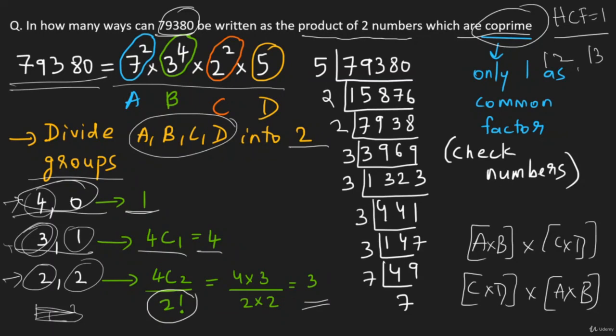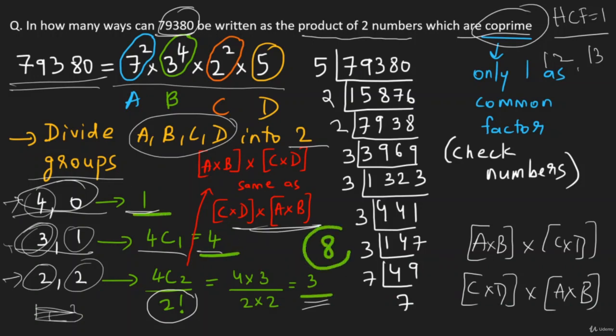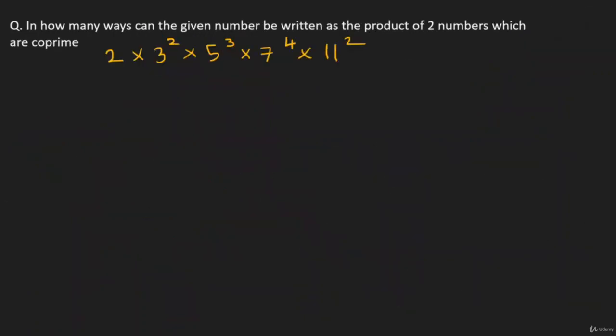That's the same thing, right? A into B into C into D is the same as C into D into A into B. Alright, let's move on. So what is the answer to this question? You can do it in 1 plus 4 plus 3 ways, which is equal to 8, and that is your answer.